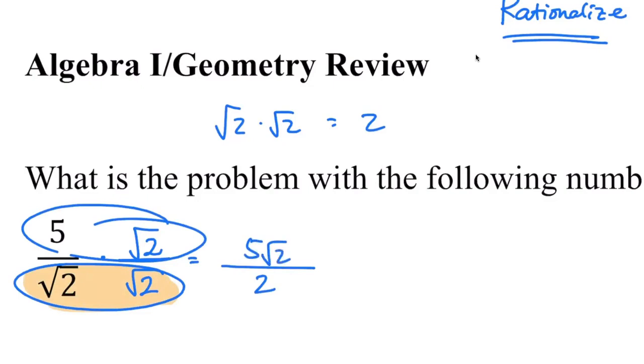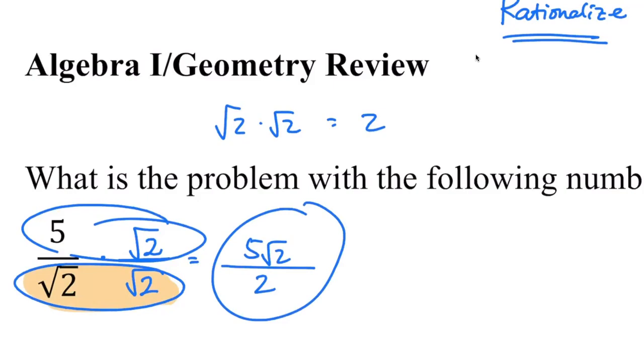And what was the major problem that we had earlier? The problem was we had a square root in the denominator. Do we still have a square root in the denominator? We don't. Did we fix the problem? Yes.